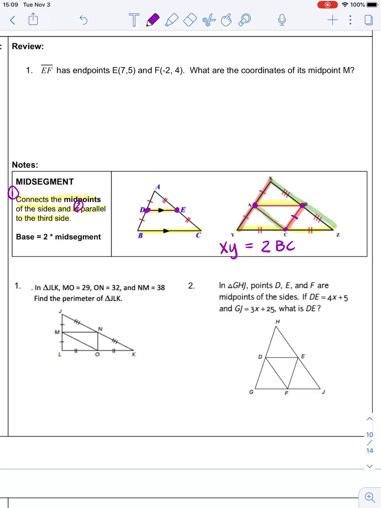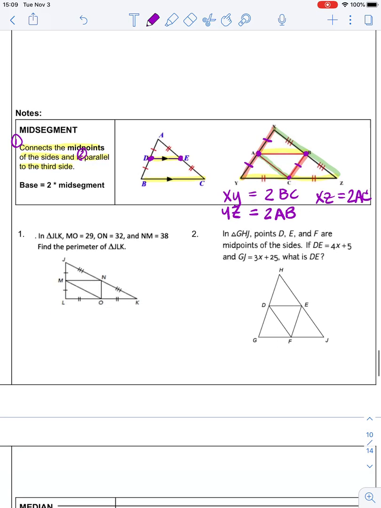So YZ is equal to 2 ABs, and XZ is equal to 2 ACs. So it takes two mid-segments to make one base.